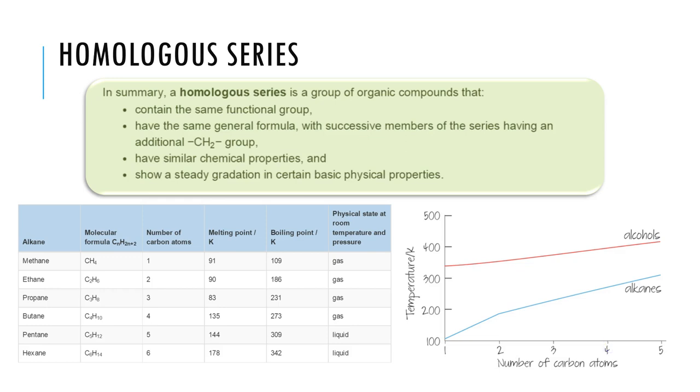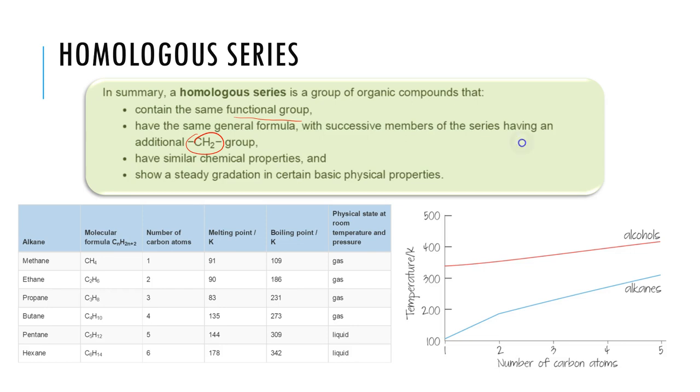So in a homologous series, we've got a group of organic compounds, so hydrocarbons, that contain the same functional group, and we'll talk about functional groups again later on after the holidays, and they have the same general formula. The key thing to remember in this definition is that they differ only by a CH2 group from each successive member.